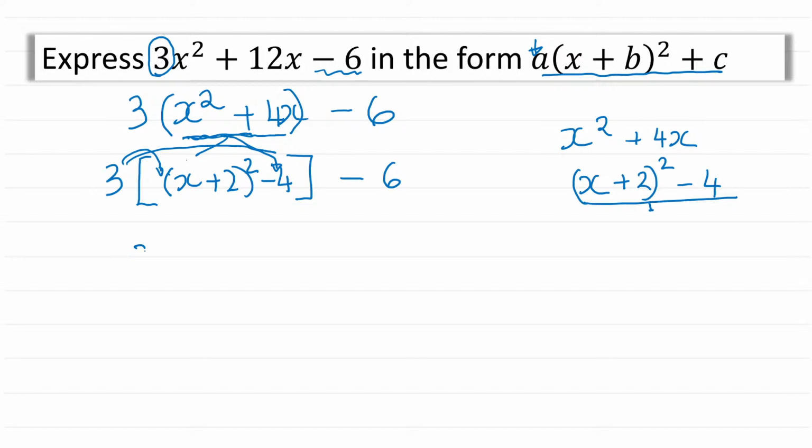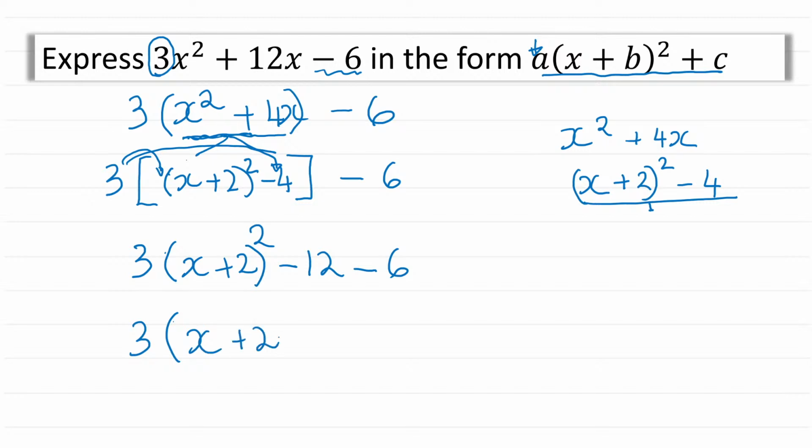So we're now going to have 3 bracket x plus 2 squared minus 3 times 4, 12, and then I separated this negative 6, so I'm now putting it back there. So to finish off, you have 3 times x plus 2 squared, negative 12, negative 6, that is negative 18. So this is the answer to this question. Okay, guys?